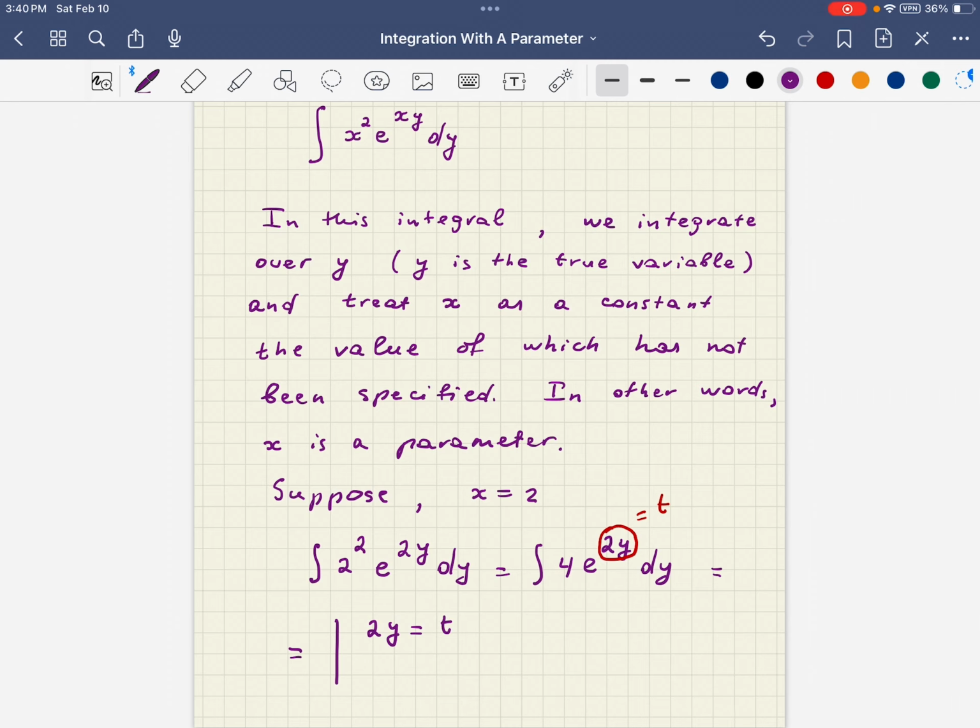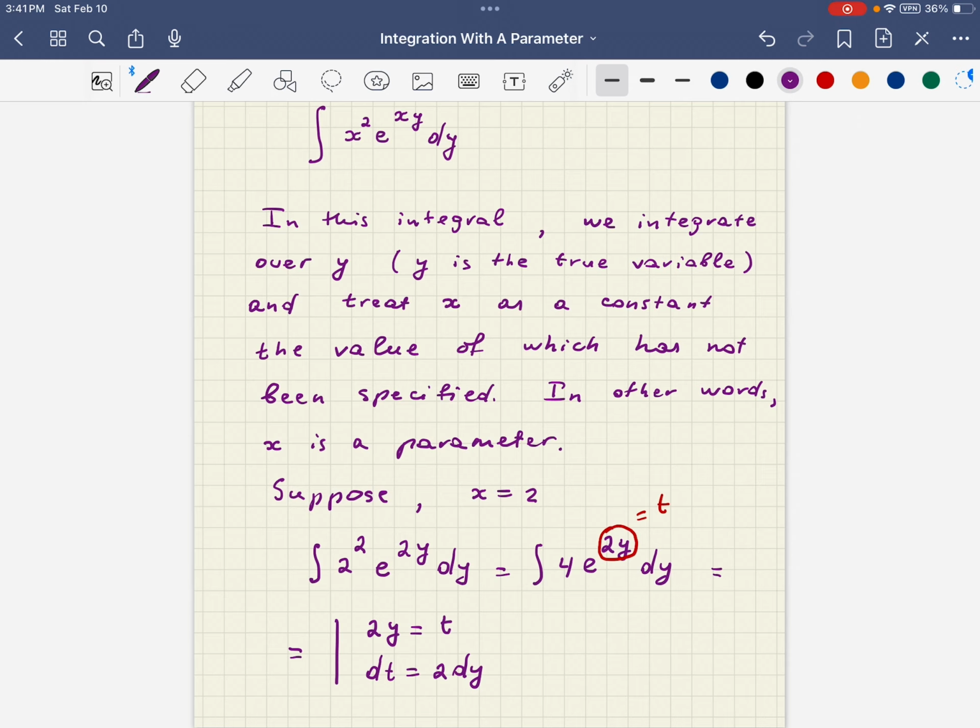To complete the substitution, then I will have to calculate dy in terms of dt, express dy in terms of dt. Differentiating 2y equals t, we get dt equals 2 dy.